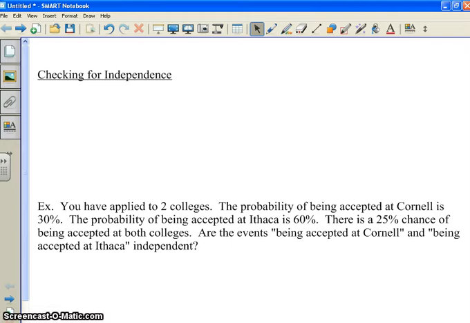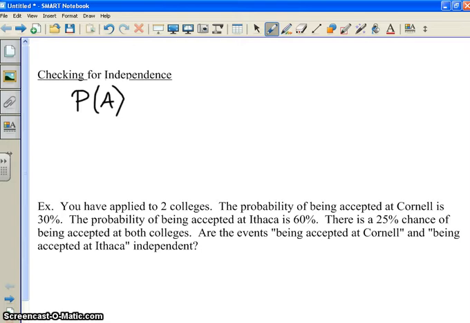Now, not only can events in a probability experiment be independent or dependent, so can events or variables that occur in real-world situations. So we're going to take a look today at how you tell whether two variables or two events are independent from each other. One option is to check your independent probability equation.